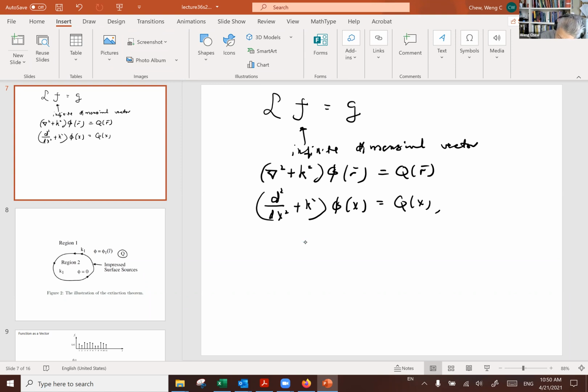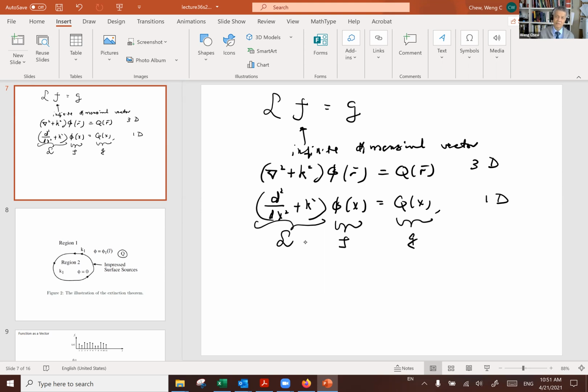Okay, this is 1D. This is 3D. And you can think of this as my L operator, and this is my F, and this is my G. You can think of this in either one dimension or three dimensions, it doesn't matter. They can all be abstractly thought of as something like this.